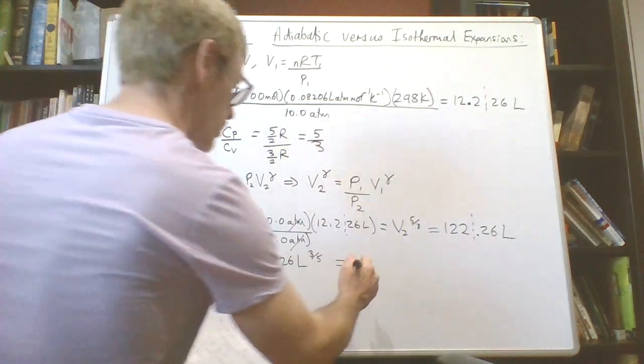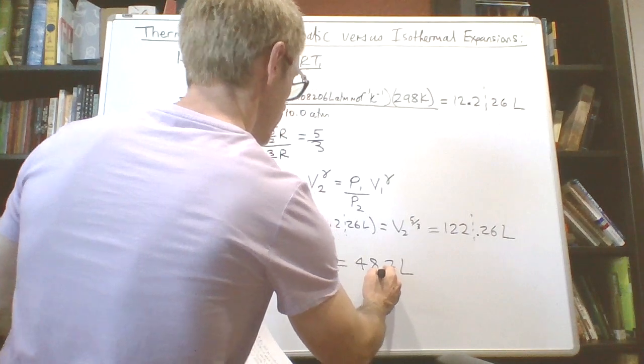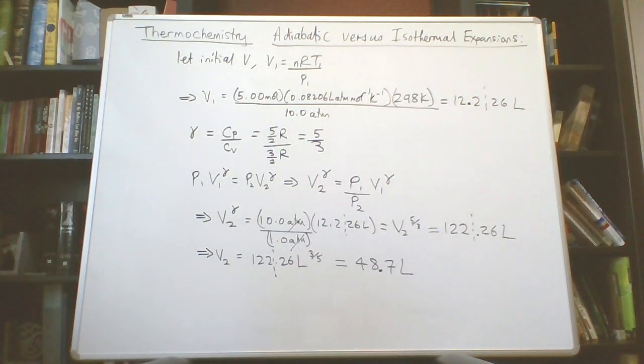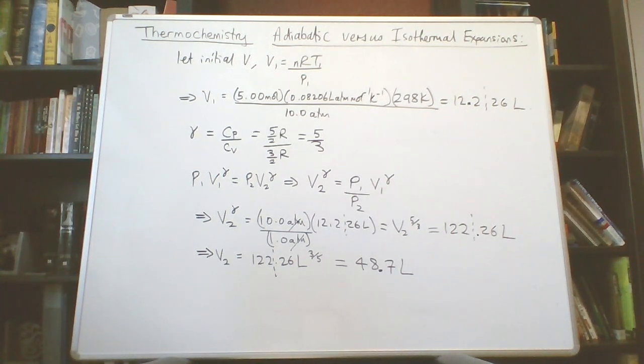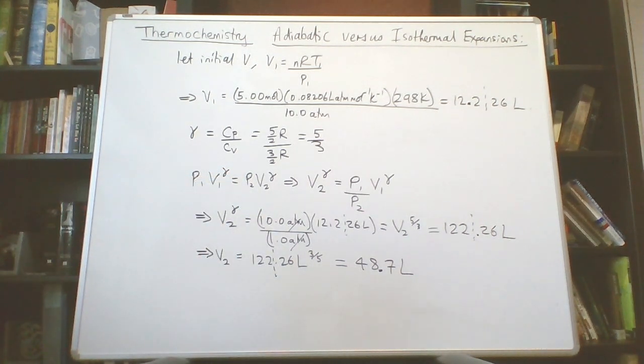So V2 would equal 48.7 liter. Okay, so notice you won't get the right V2 if you don't incorporate the gamma. So it's very important that we look at adiabatic conditions.